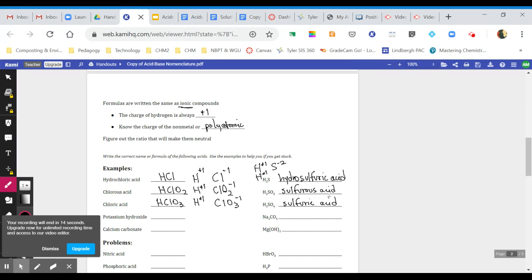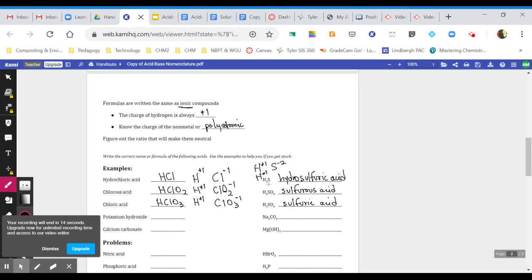If you tell me you've spilled sulfurous acid, well, sulfurous acid is about the danger of vinegar or lemon juice. If you have a cut on your skin, it's going to sting a little bit, but you wash your hands and you'll be fine. Hydrosulfuric acid is kind of not much of anything.